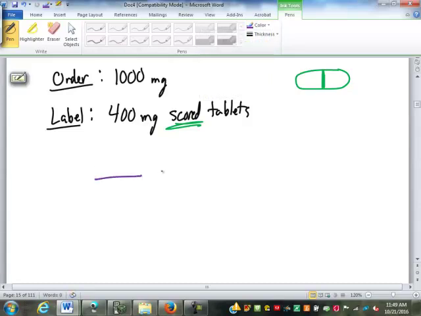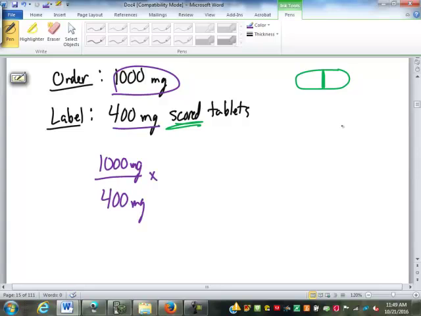So what is our D, our desired dose? 1,000 milligrams, what's ordered by our doctor. Our on-hand dose off the label, of course, has to have milligrams. So that'd be 400 milligrams. What carries that into the patient?